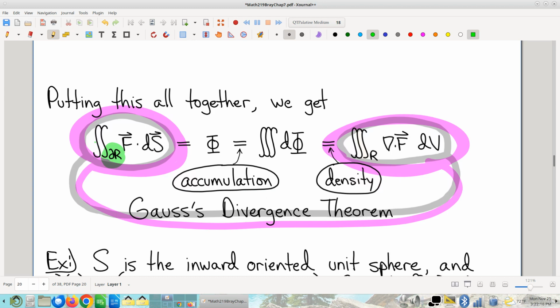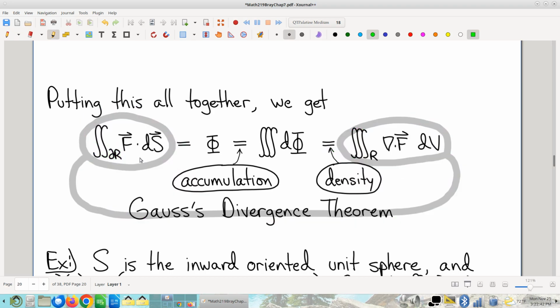And it's a very, very common mistake. I see this all the time, and it makes me cry a little bit every single time I see this. If a student forgets that, they will get garbage, nonsensical answers that have nothing to do with reality. So please be very, very, very careful. Only apply this if you're looking at a flux through a boundary. All right, so with that in mind, let's do an example.